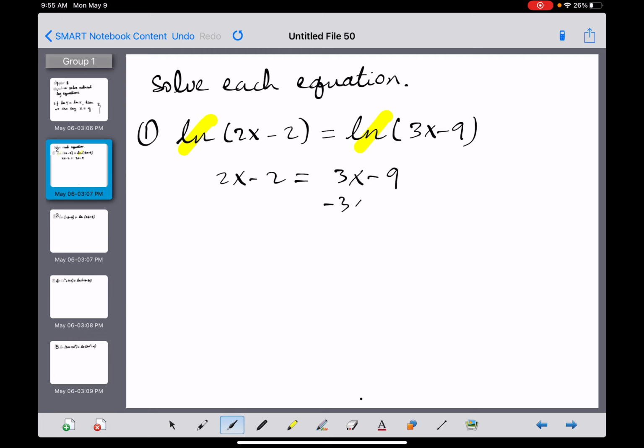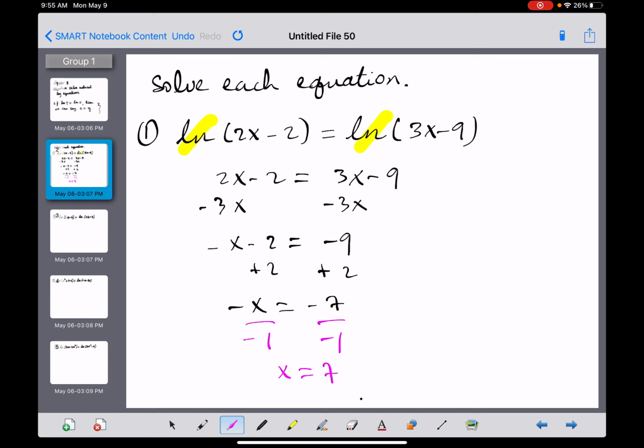So subtract 3x from both sides. We get negative x minus 2 equal to negative 9. And then we add 2 to both sides. Negative x equal to negative 7. And then divide both sides by negative 1. x equal to 7.